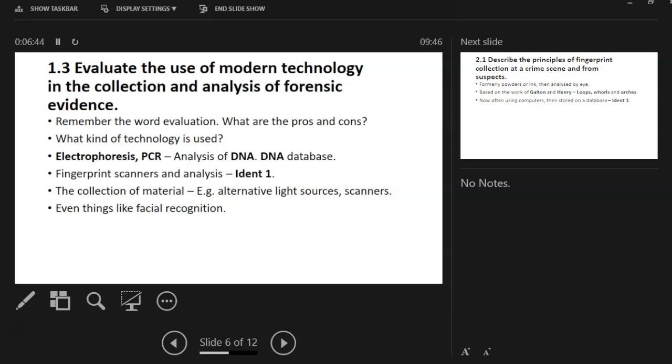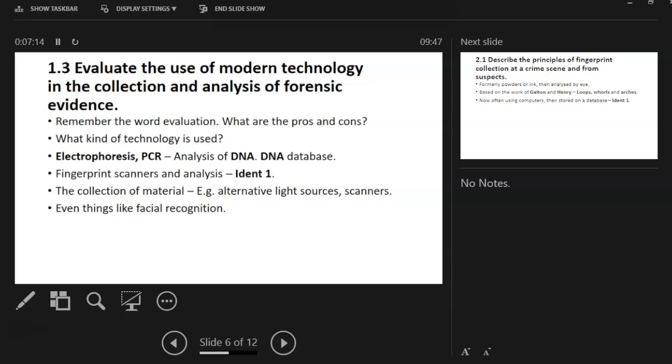You've got things like electrophoresis and PCR testing of DNA, DNA databases, fingerprint scanners and analysis. The system is called IDENT1. Collection of material, for example, alternative light sources and scanners and things like that, and even things like facial recognition. So what are the pros and cons of using those things?